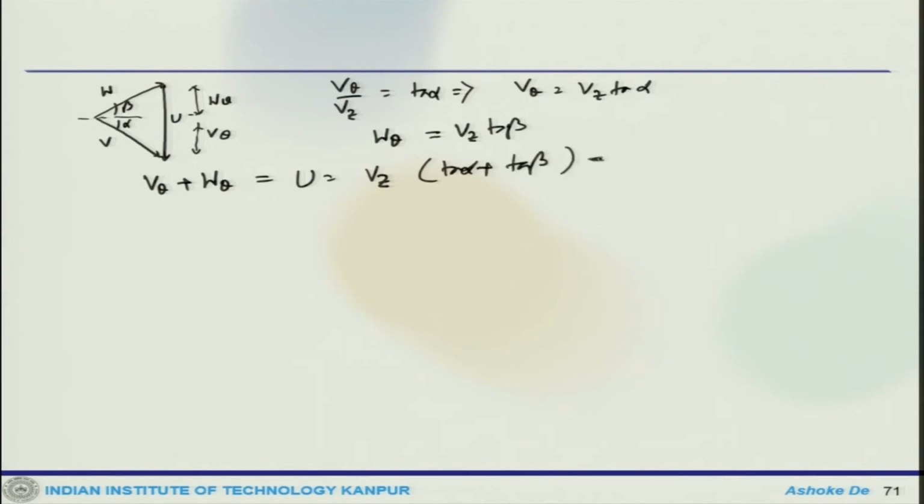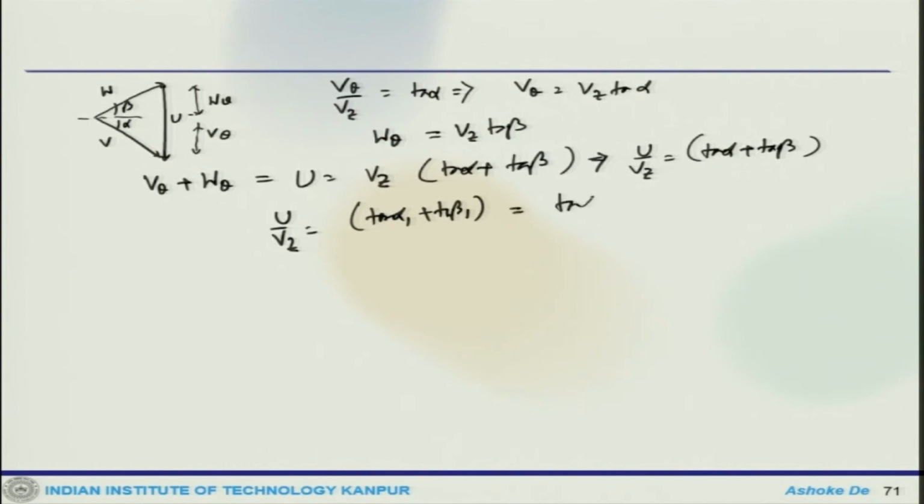From where one can write u by V z is tan alpha plus tan beta. So, either one can write tan alpha 1 plus tan beta 1, which is tan alpha 2 plus tan beta 2.